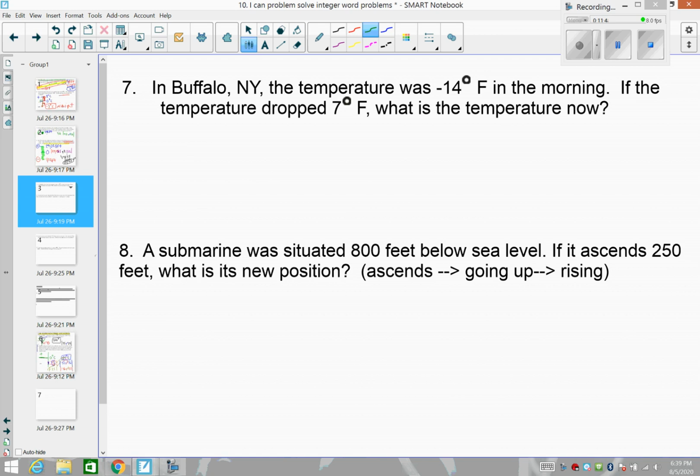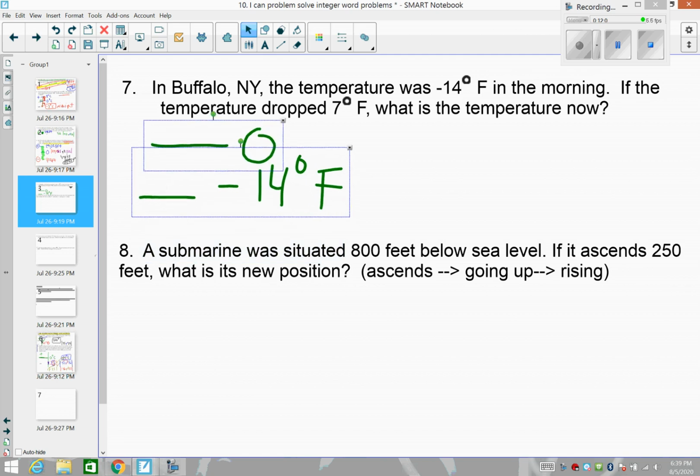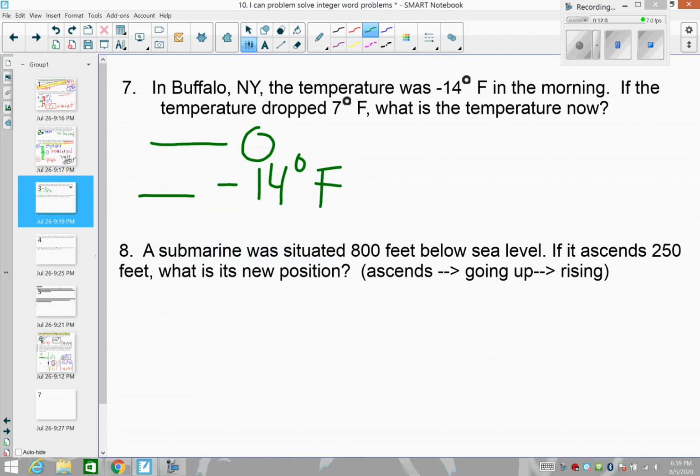All right, so you should have tried that. The temperature in Buffalo, New York was negative 14 degrees Fahrenheit in the morning. If the temperature dropped, which means it got colder, 7 degrees, what's the temperature now?